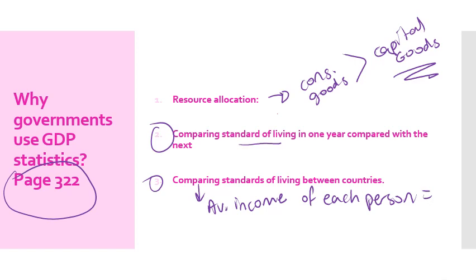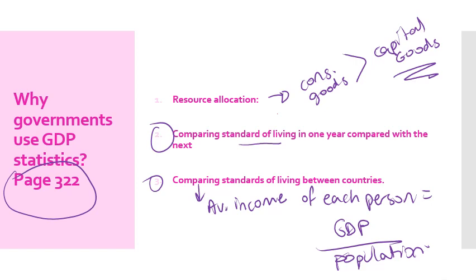We can call this average income of each person GDP per capita. How do I calculate it? It would be GDP over the population. If the average income is high in a certain country, this tells you that this country is experiencing high standards of living.